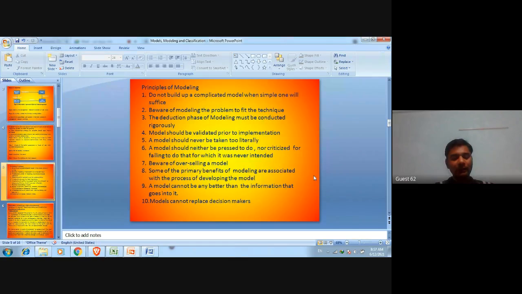Like a computer program, a model can only manipulate the data provided to it. I have also told you in the features of operations research that the involvement of humans is very important. Humans are a very important factor in operations research, because when you solve any problem, without a human you cannot interpret it.